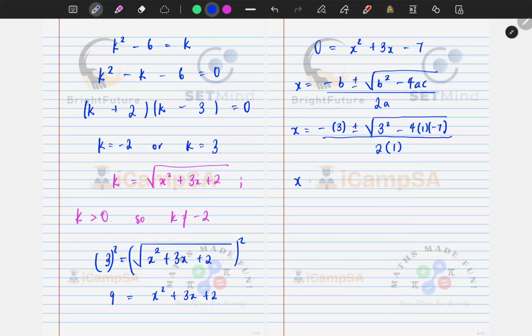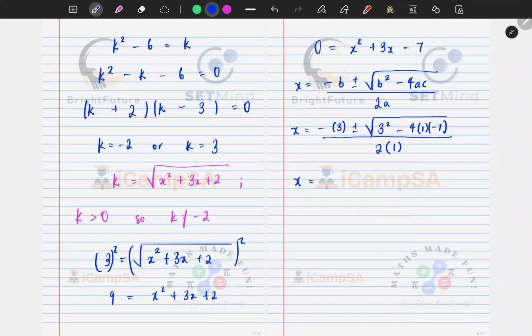So I am going to have 2 values of x. One value of x is when I use a positive sign, and the other value of x is when I use a negative sign. So when I punch my calculator, it's going to give me -3 plus or minus the square root of 37 all over 2.